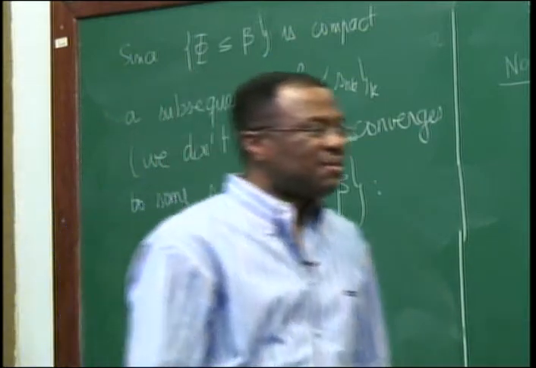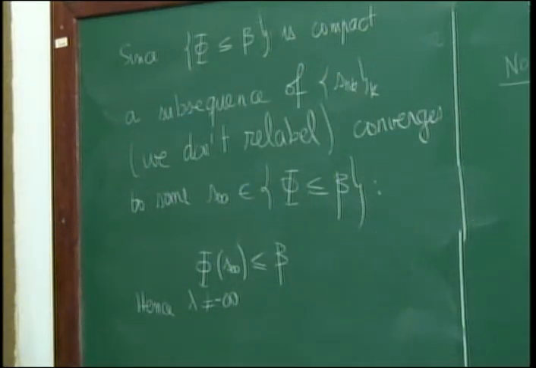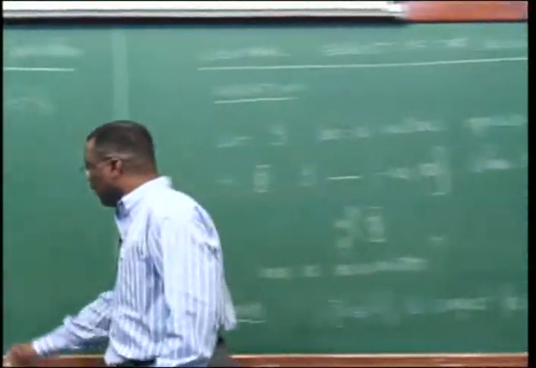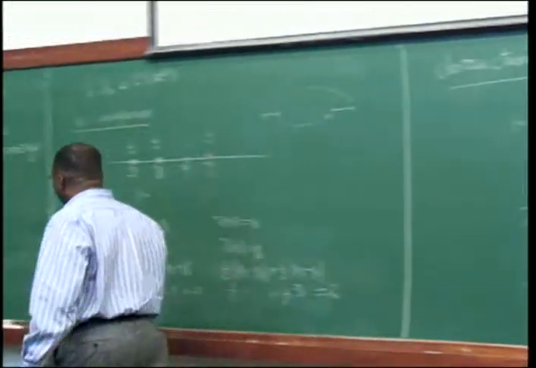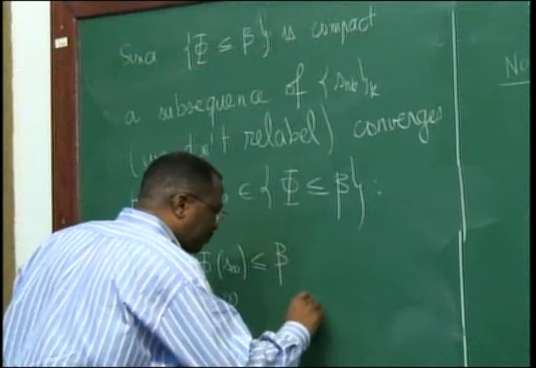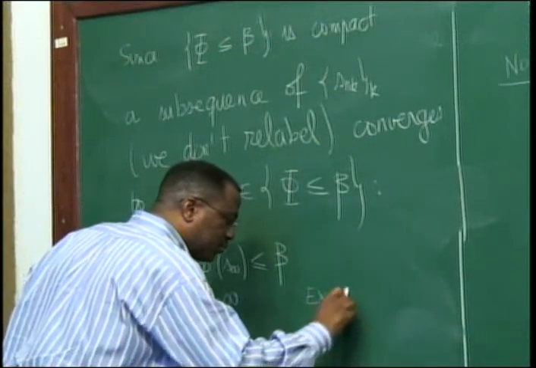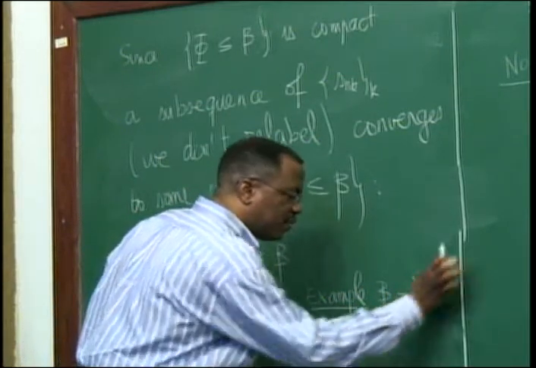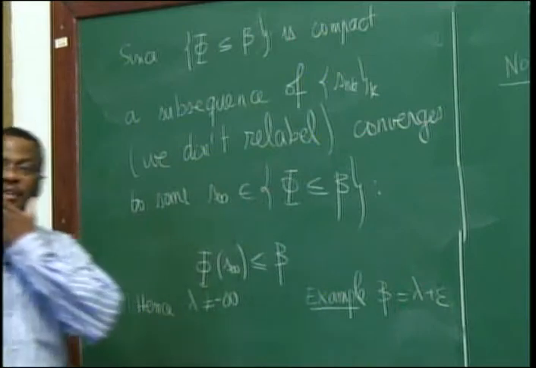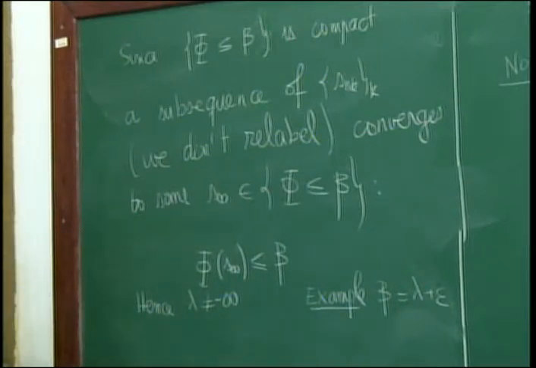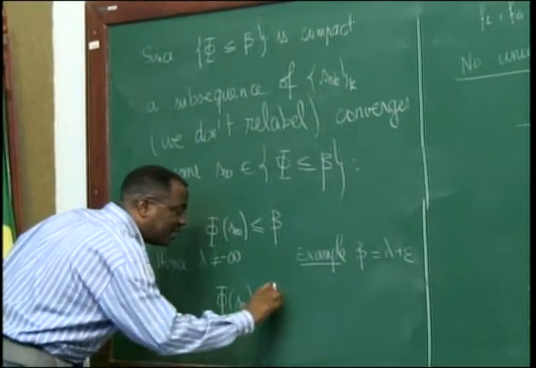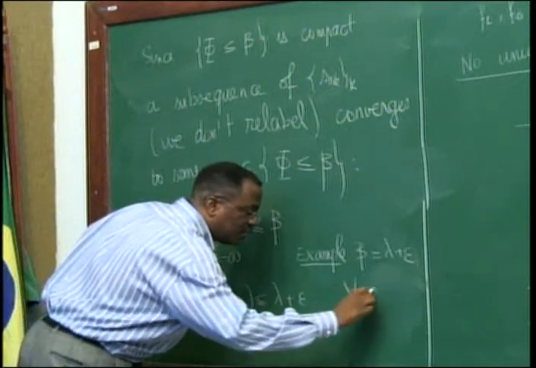Since it is not negative infinity, in this proof where I said let beta be greater than lambda, we have that conclusion. In particular, I can take beta equal to lambda plus epsilon, where epsilon is arbitrary. So I have phi of S_infinity is less than lambda plus epsilon for every epsilon.